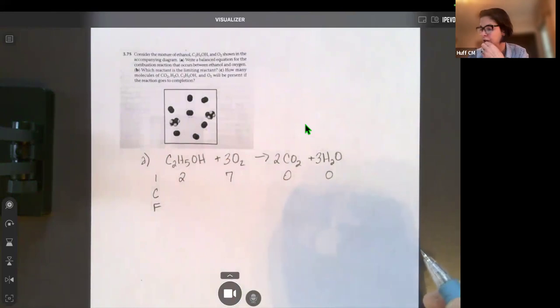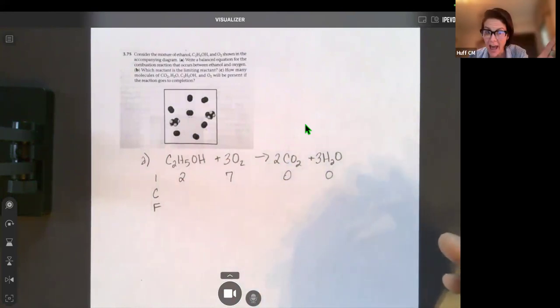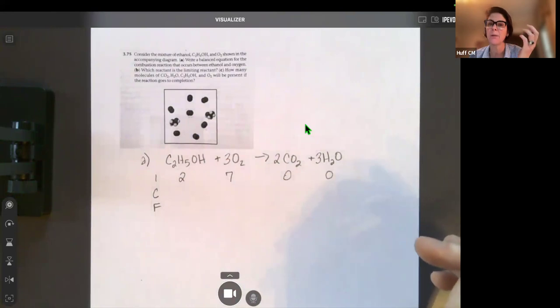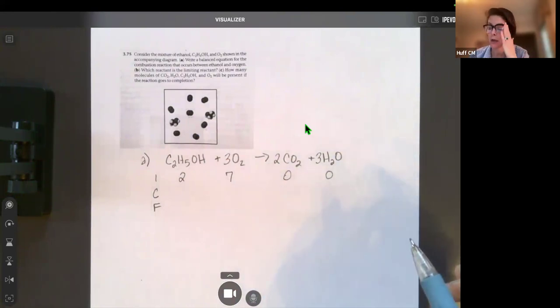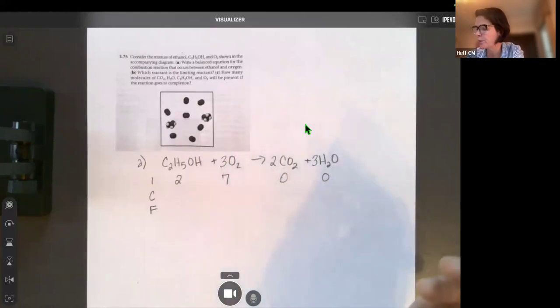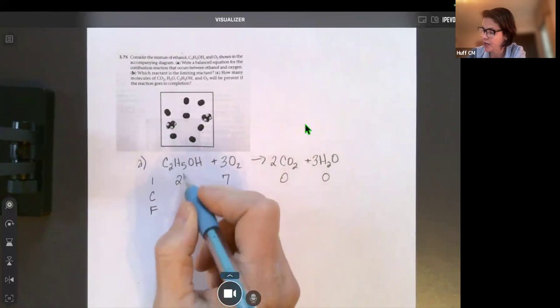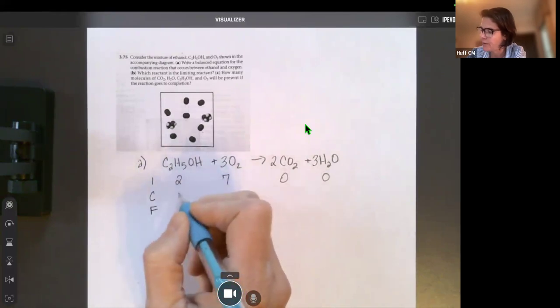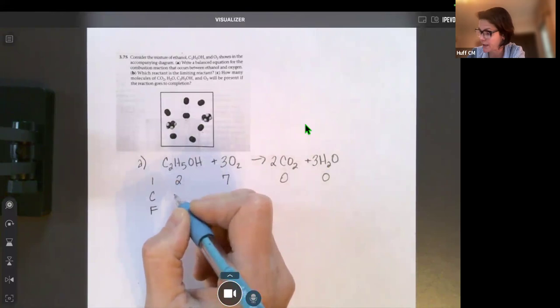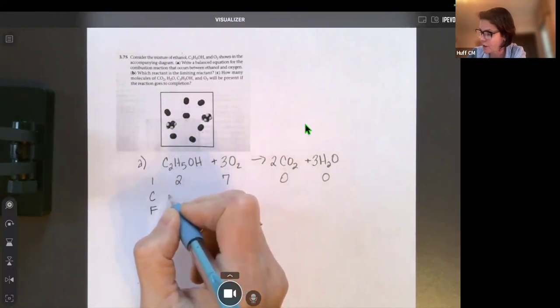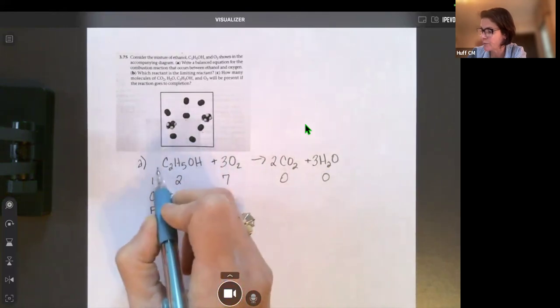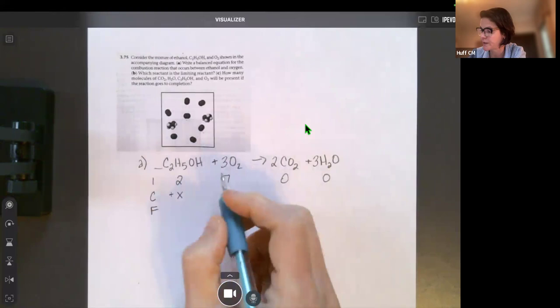The change is where we say how much of the reactant is used up and how much product is made, and that depends upon the balanced equation, upon the coefficients we put in. I'm going to do this algebraically first. The change for ethanol would be minus x. Remember, I'm going from coefficients, so that's a 1.